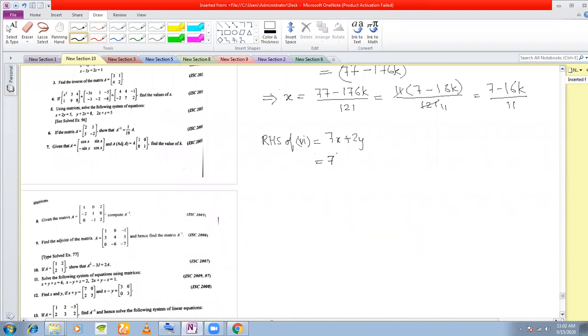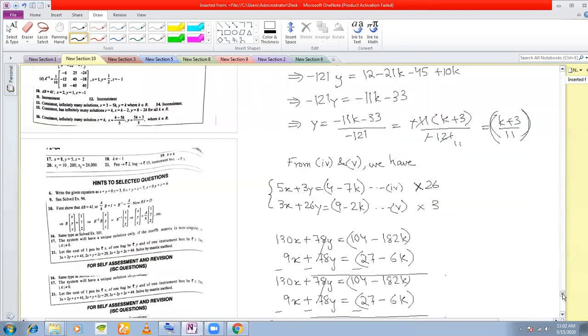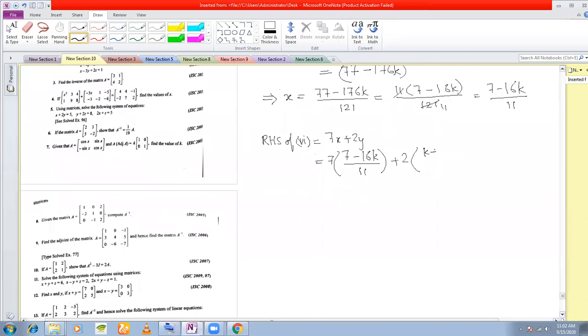7 times x here is 7 times 7 minus 16k divided by 11, plus twice y, where y we have found is k plus 3 by 11. So this now is 49 minus 16 into 7 is 112k by 11, plus 2k plus 6 by 11.